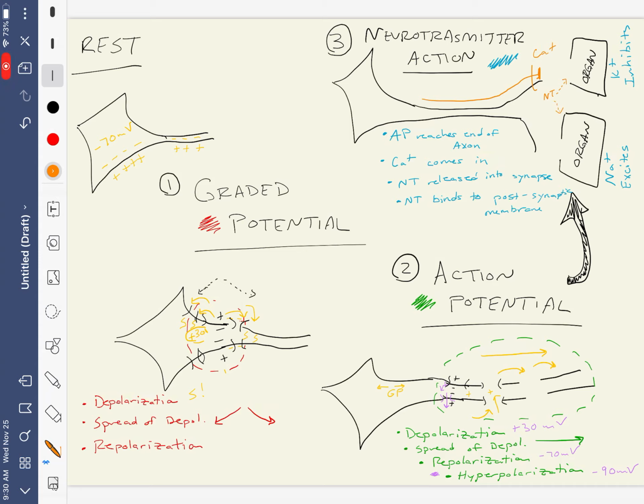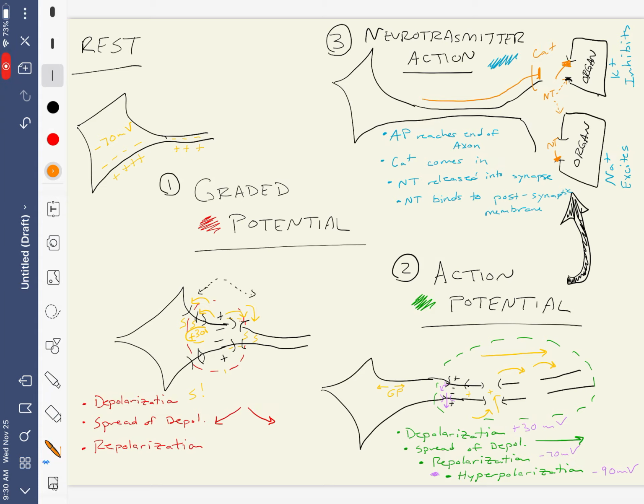We have many different neurotransmitters: acetylcholine, epinephrine, norepinephrine, dopamine, serotonin, etc. When a neurotransmitter gets to a postsynaptic membrane, it could be an organ, could be a muscle, which is an organ. When that neurotransmitter gets to the edge of the organ, that neurotransmitter will bind. So the neurotransmitter will bind to a receptor in that organ wall.